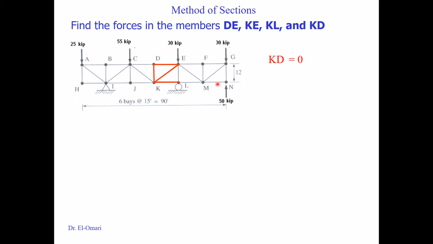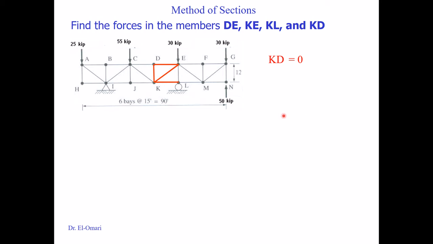So you have 1, 2, 3, 4, 5, 6, 7 members that are zero members. But they are used for stability of the system, and economical reasons, and many other options. So imagine if this wasn't there, then you would have had a very long member, which might be uneconomical at all.